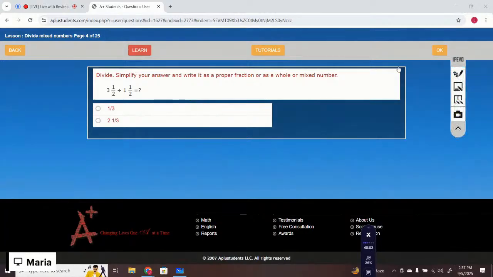That is 2 whole 1 over 3. Option 2 is the correct option.